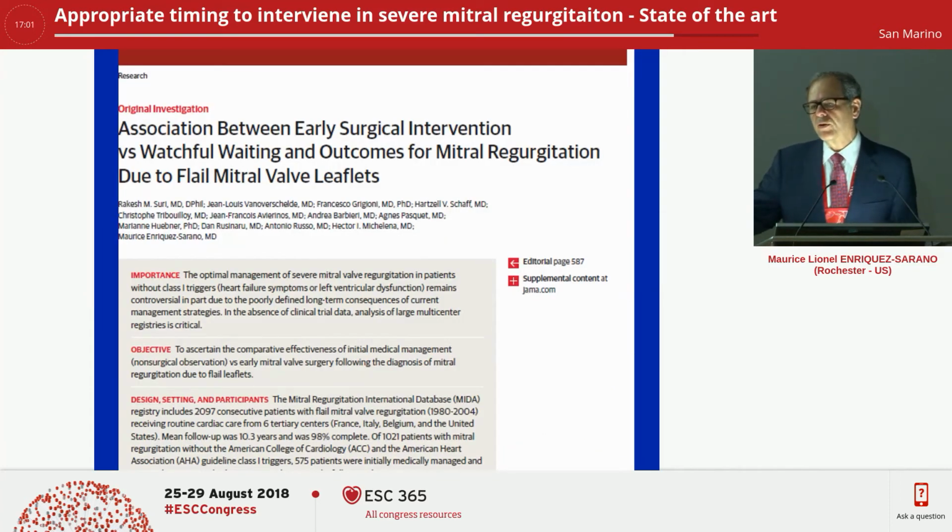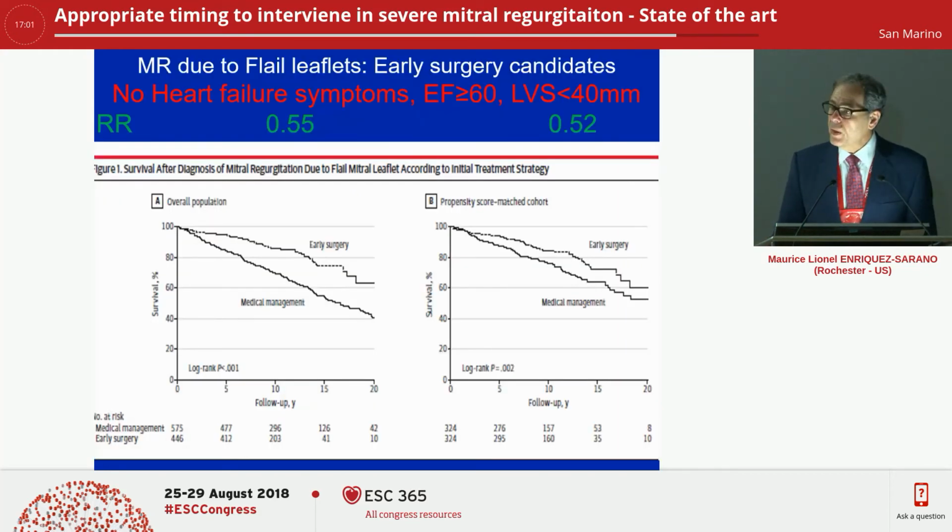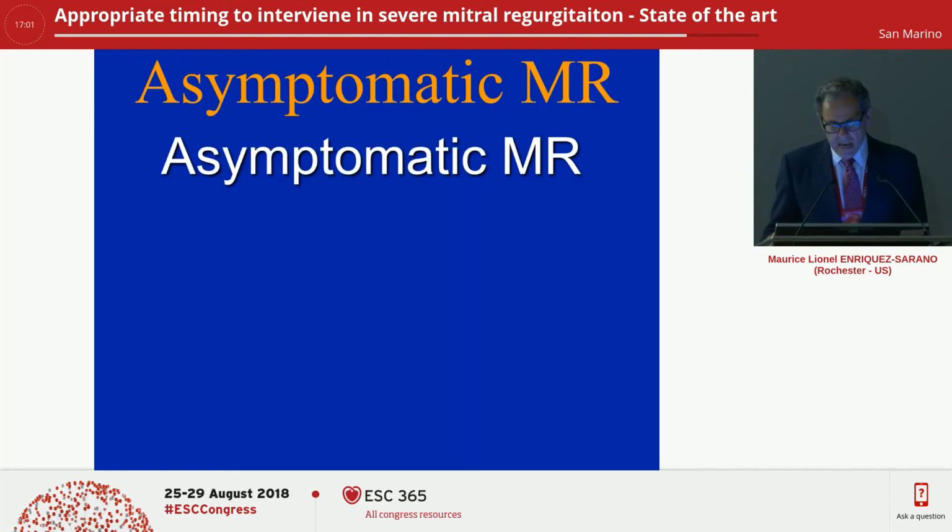Now, is it worth it to do early surgery when people are asymptomatic? We believe so. When we studied in the MIDA trial, it was published by my former colleague Rakesh Suri, there is a better survival and less heart failure in people who have early surgery versus the people who are followed medically. And so what do I do for somebody who is asymptomatic?